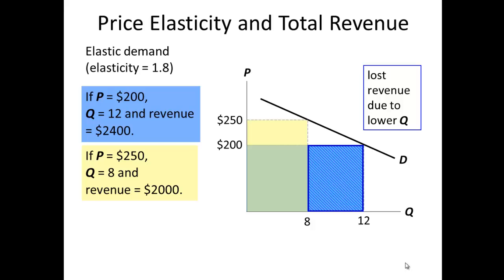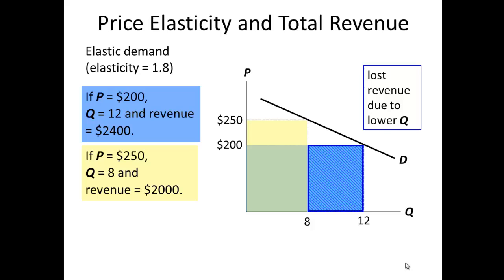If your services are currently selling at $250, you might be thinking about lowering the price to $200. If we move along the demand curve, changing our price from $200 to $250 or vice versa, what is that going to do to your total revenue? That's going to help you make up your mind whether or not you're going to change the price, which would cause movement on the curve.